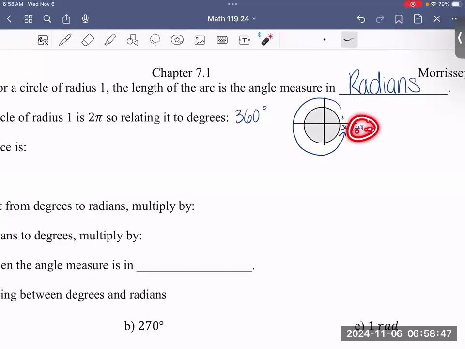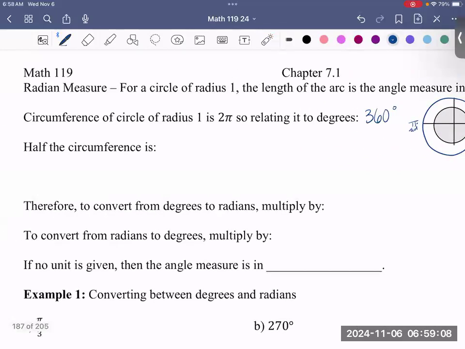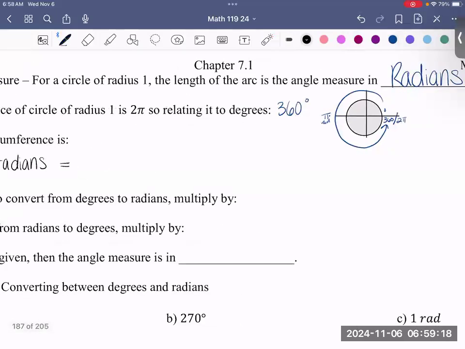How do we go from 2 pi all the way down to 1 pi? Well, that's just half your graph. If this is the whole thing, half of it should be over here at pi radians. So half your circumference is just pi or 1 pi radians, which translates to what as far as degrees goes? Well, half of 360 is 180 degrees.